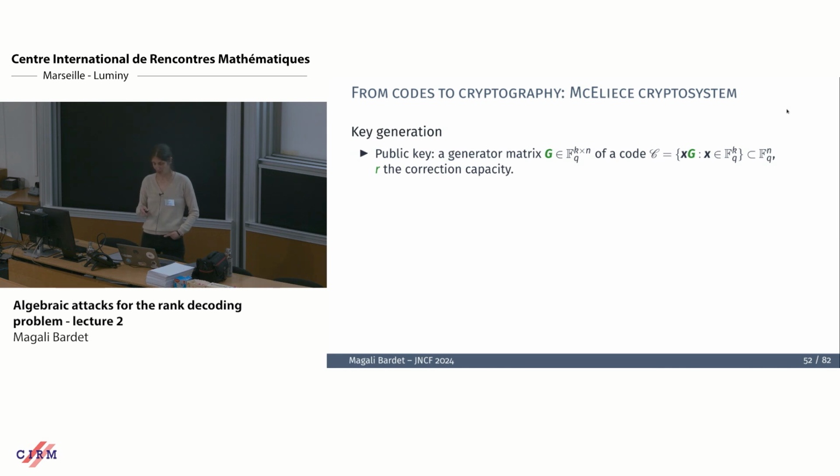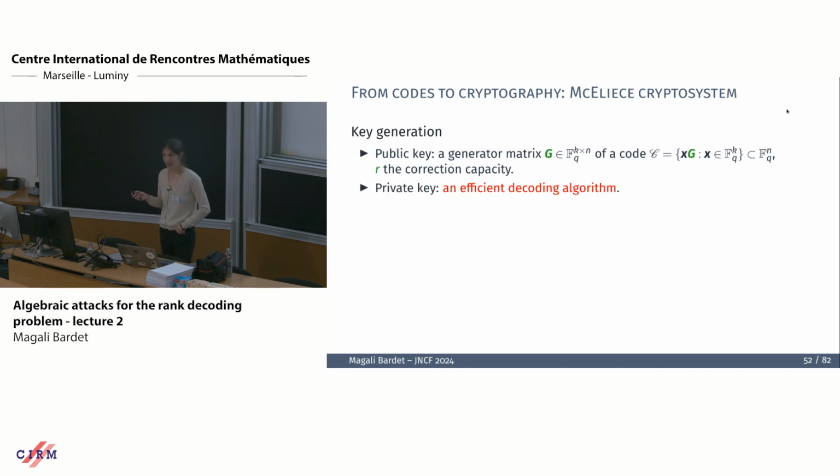How do you do cryptography with an error correcting code? The public key is just a code, and you describe it with the generator matrix or the parity check matrix. You take the smallest one to describe the code. This is public, and also the correction capacity is public. So it's just a value.